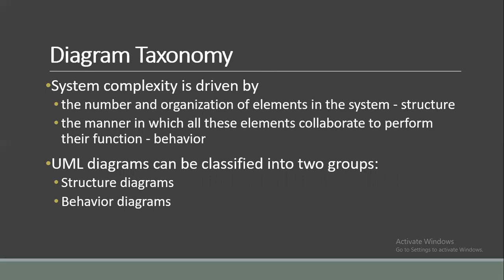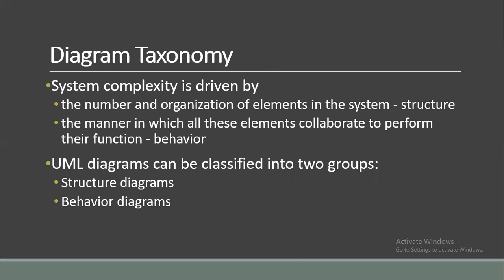Before we go to the UML concepts, we have a diagram taxonomy, which is a concept related to diagrams. We had the discussion in the first session, and we discussed the same thing at a somewhat more advanced level in the second session also. We talked about system complexity.